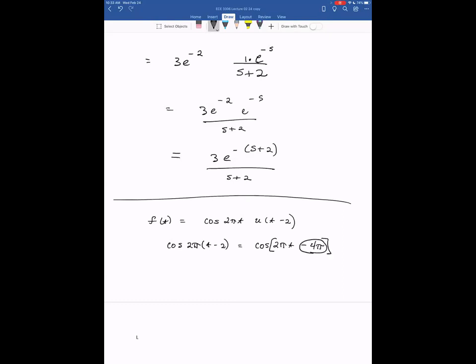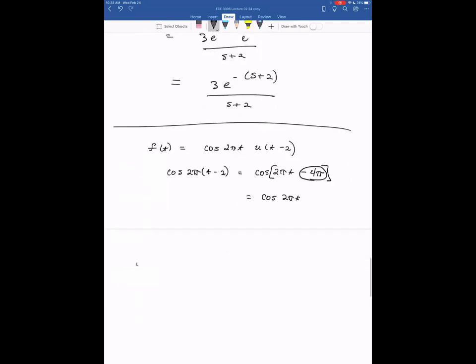And because this is an integer multiple of 2 pi, that's just equal to the cosine of 2 pi t. So it's easy for me to make a substitution, because they're equivalent and there's no change in the function, and make that t minus 2.